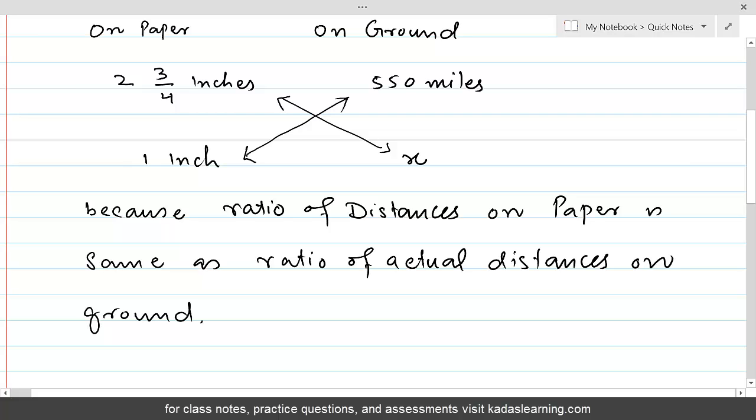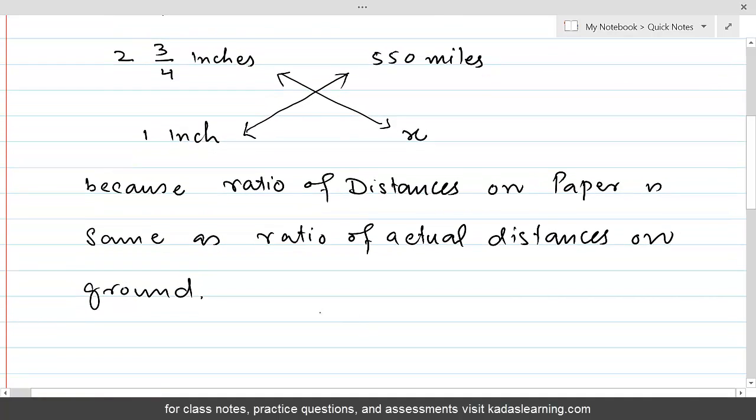So if that is the case, whether we do it by ratio or we directly use the cross multiplication, we will have 2 whole 3 by 4 times x equal to 1 times 550.